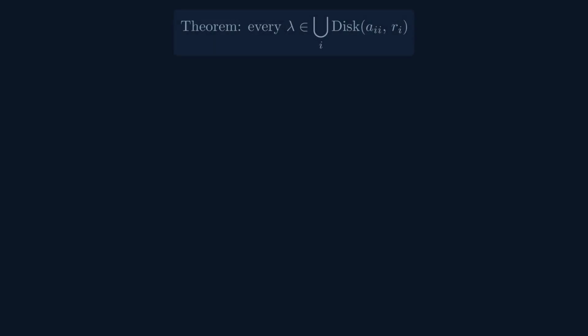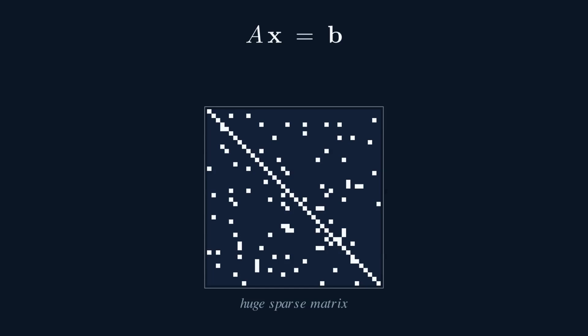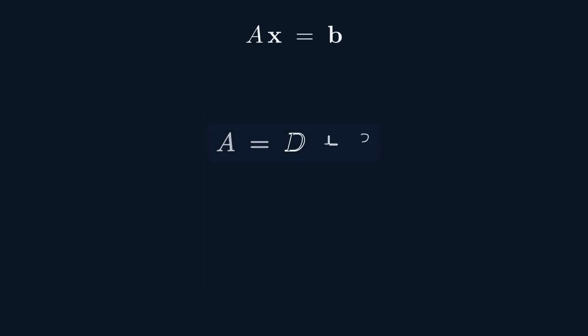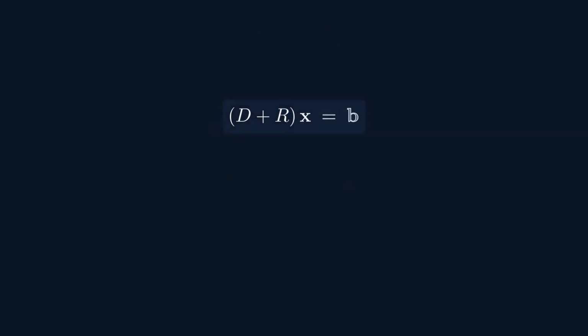So where does this matter beyond the picture itself? Consider the problem of solving A times x equals b, where A is a huge sparse matrix, maybe 1,000,000 rows. Direct inversion is expensive, often impossible in practice. The standard move is Jacobi iteration. Split A into its diagonal part D and everything else, the off-diagonal remainder R. Rewrite A times x equals b as D plus R times x equals b.